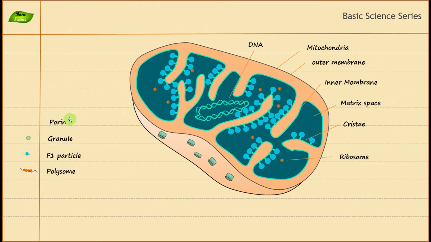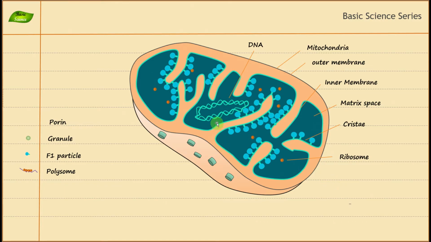So you can see here, it has everything that makes it a kind of a separate cell. It has its own DNA, it has ribosomes, it can produce proteins. So it's an interesting organelle, and it's a very, very important cellular organelle, because it produces the energy, right?